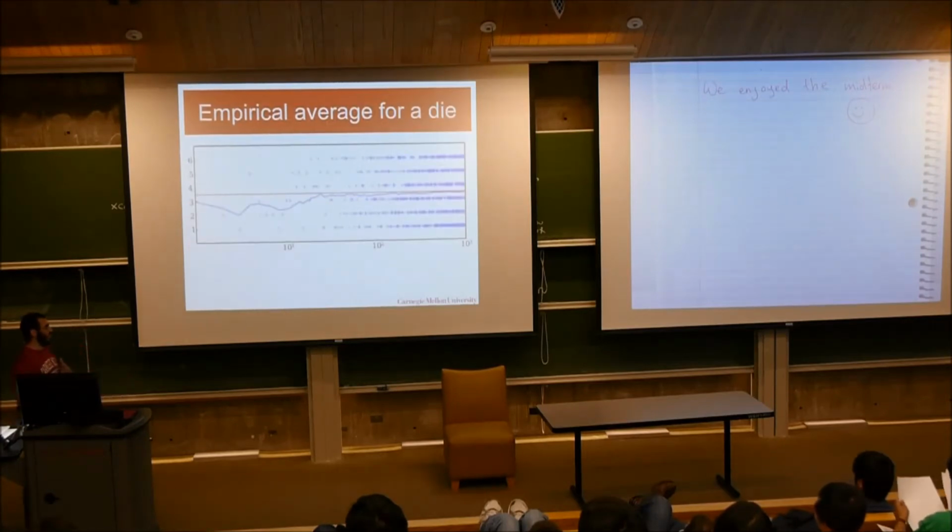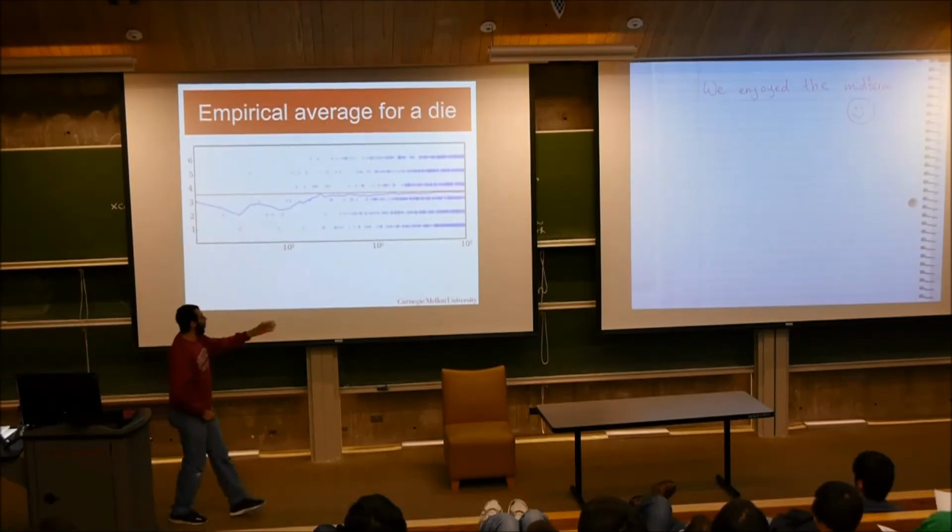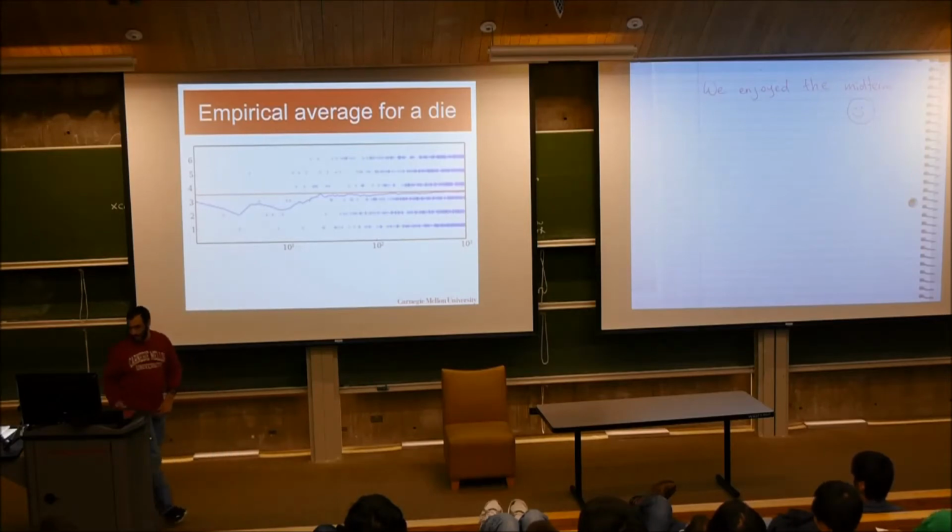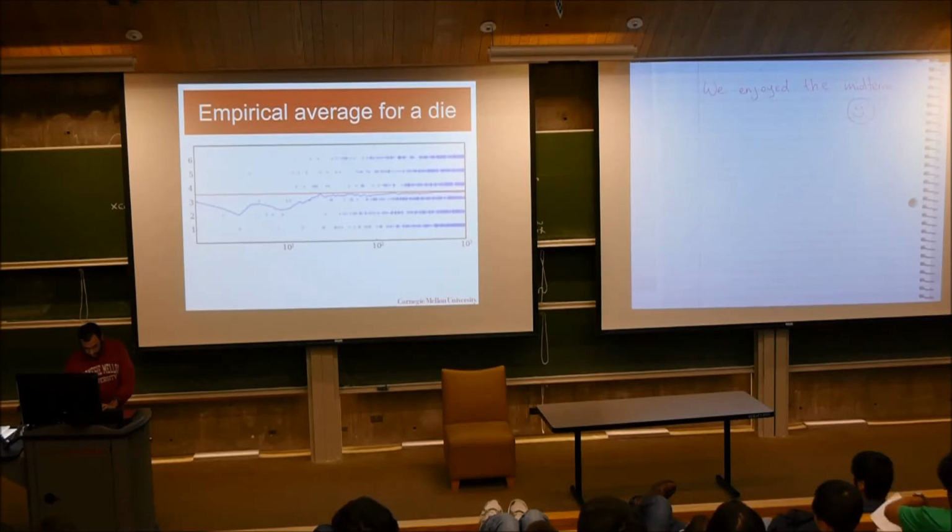And if we scale that to, for example, 1,000 trials, we see that in the beginning, the counts are not uniform. And your estimates may not be very accurate.